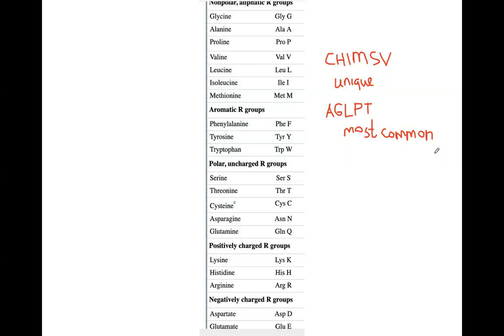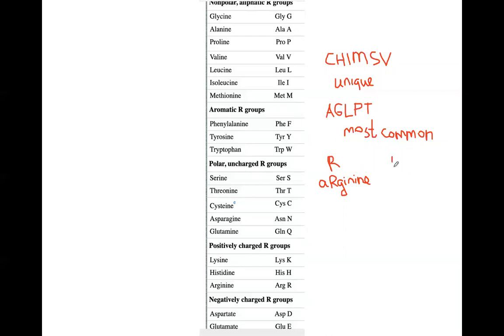For example, R. What's R? Can you find R? Arginine.